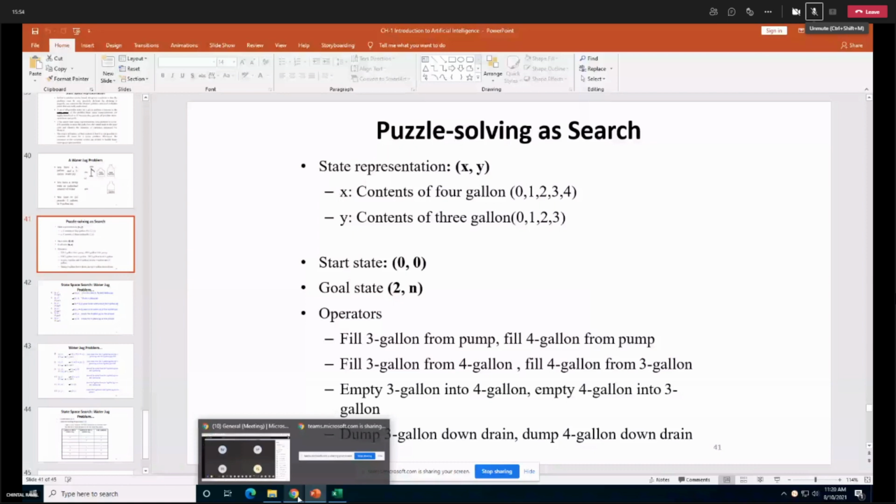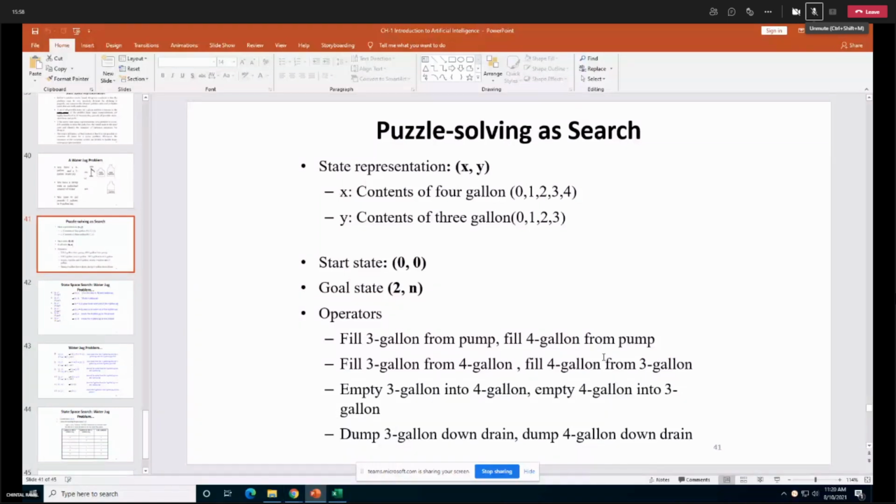State space representation. Now I'm denoting the 4-gallon jug with X and the 3-gallon jug with Y. It is very similar to a set of ordered pairs: the ordered pair of integers X and Y. X represents the 4-gallon jug and Y represents the 3-gallon jug.